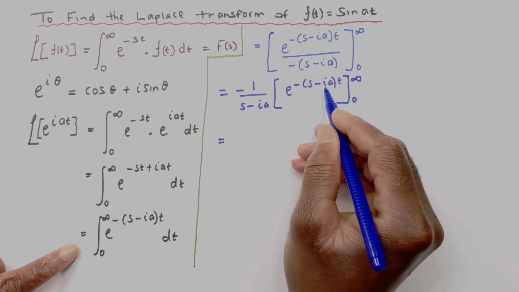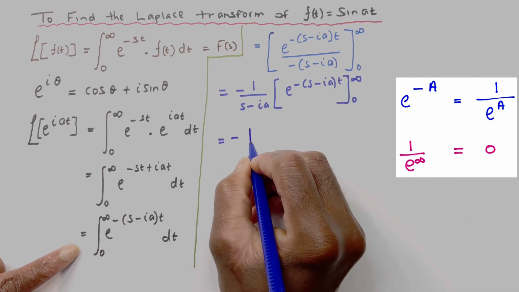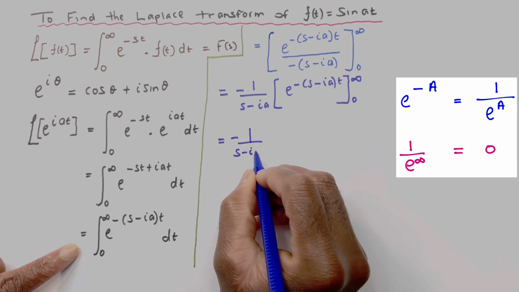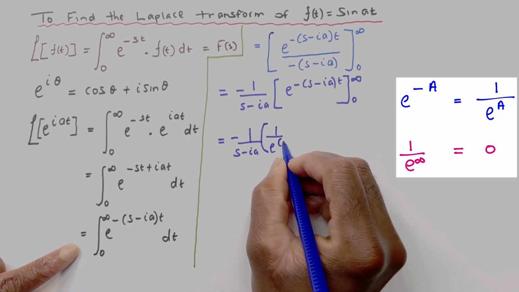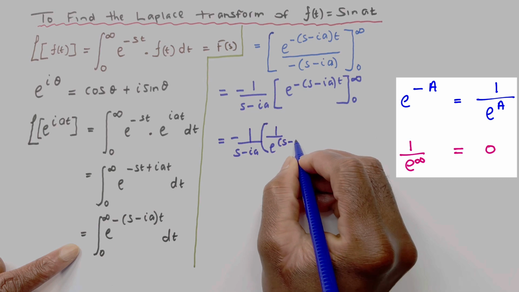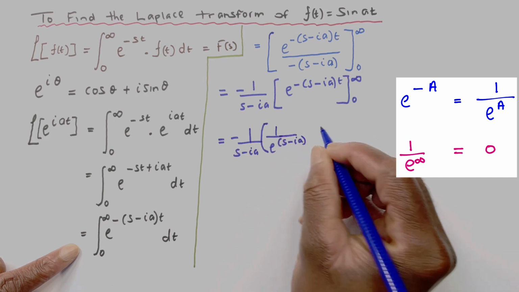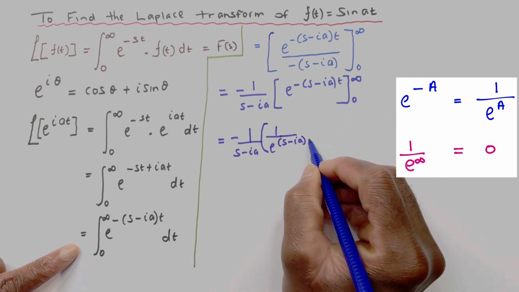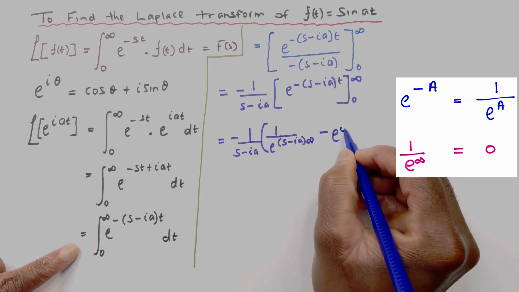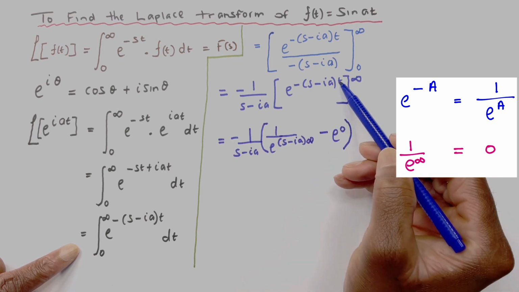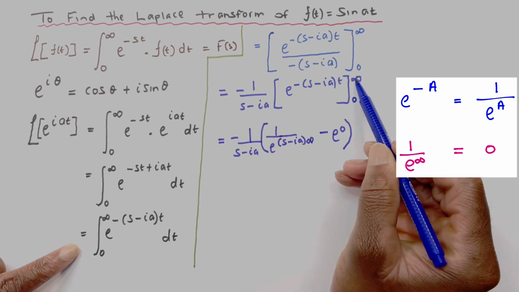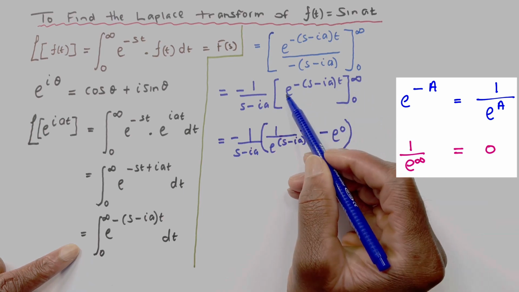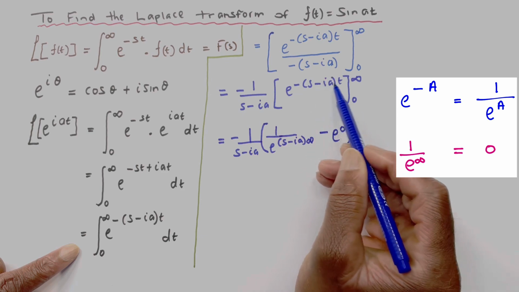I can rewrite the first one of this as 1 over (s minus i a). This will be minus 1 over (s minus i a) times the bracket of e to the power of the exponent with t replaced by infinity, minus e to the power 0. If I replace t with 0, 0 times the exponent will be 0. If I replace t with infinity, I get e to the power minus something infinity.